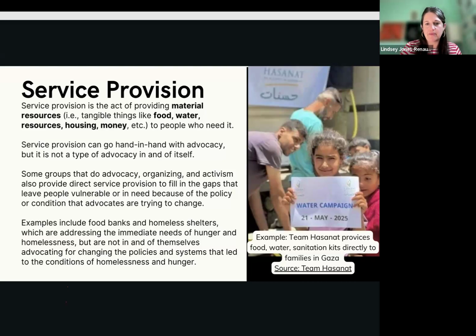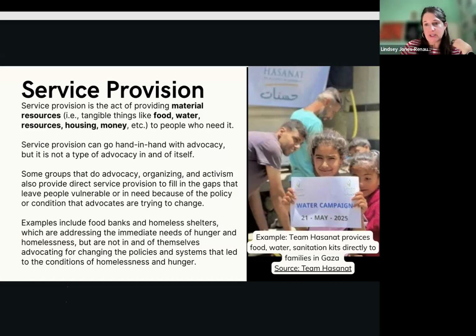of homelessness and hunger. So this is an example of a group called Team Hassanat that's part of the global development in Palestine group that I just shared. So they created a small group that's just focused on raising money to give that goes directly to people in Gaza so that they can have food and water and sanitation kits.